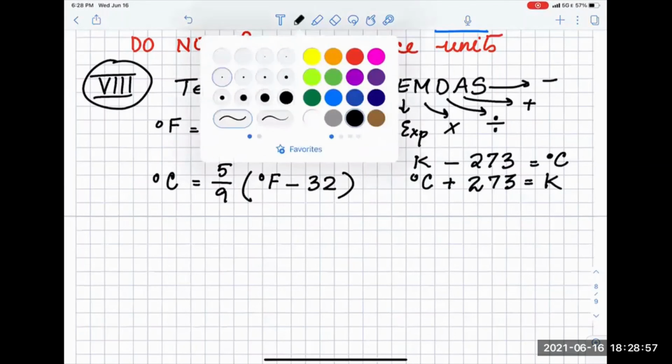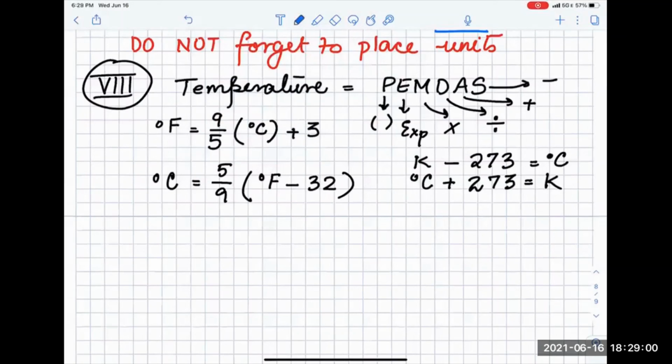So let's just do one example. Temperature scale. I'll just do this one, example 2-103, page 52F.